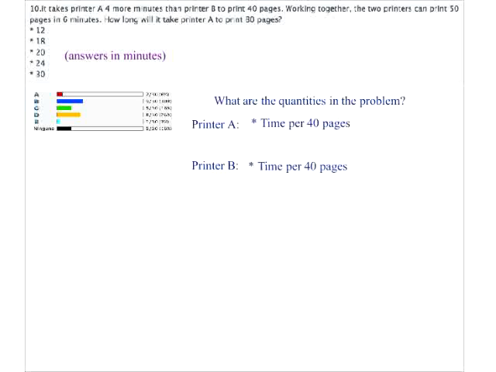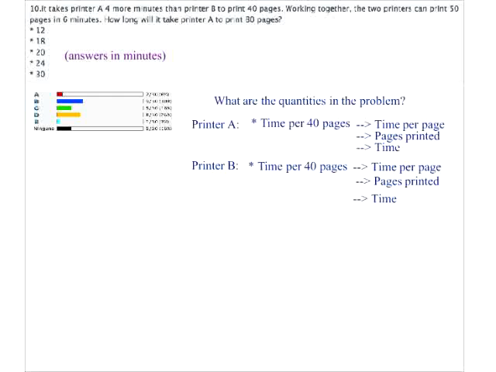Then we can take that and make that into a time per page. And then you've also got pages printed, and you've got time. Same thing here, number of pages printed and time.